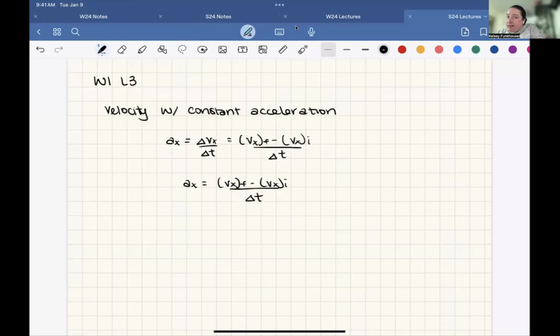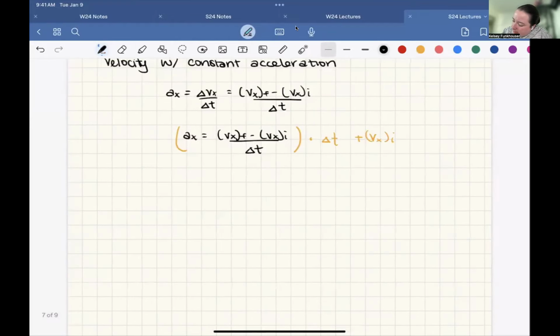And then let's say we're going to solve for the final velocity. We will multiply both sides by the time interval, and then add the initial velocity to both sides. That's going to give us a_x times delta t plus v_x initial equals v_x final.